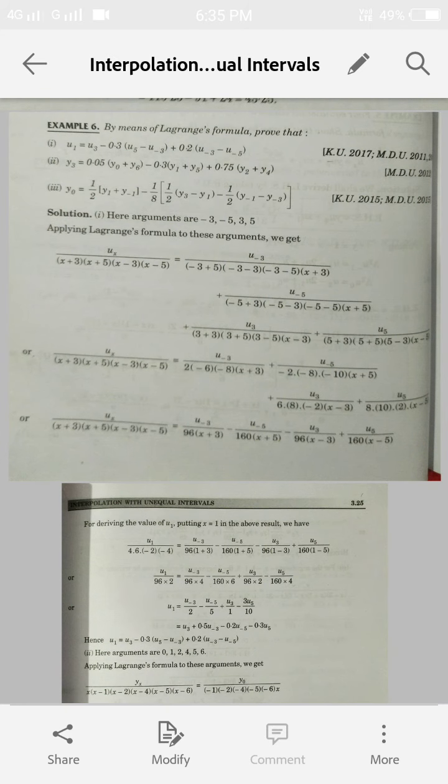We are to find, you can say you are to prove, that u1 is equal to u3 minus 0.3 into u5 minus u minus 3 plus 0.2 into u minus 3 minus u minus 5, in terms of the Lagrange's interpolation formula.